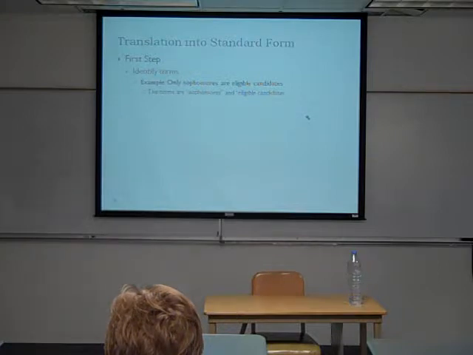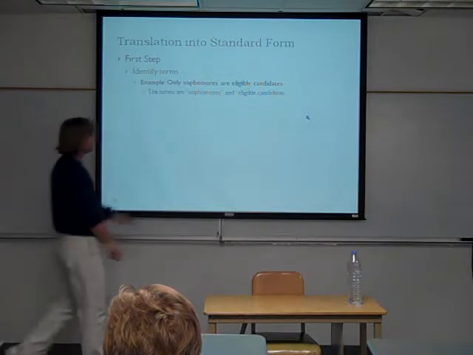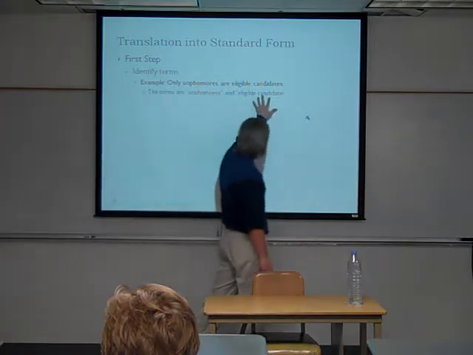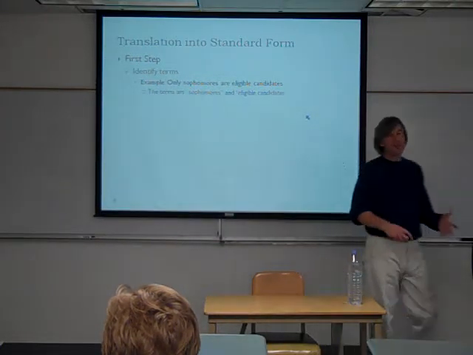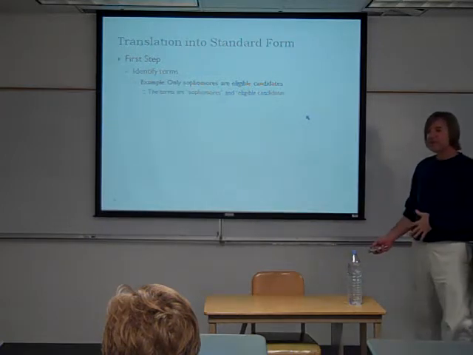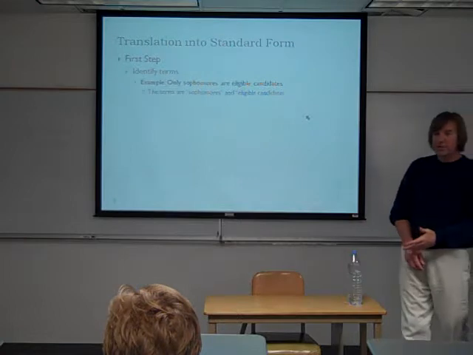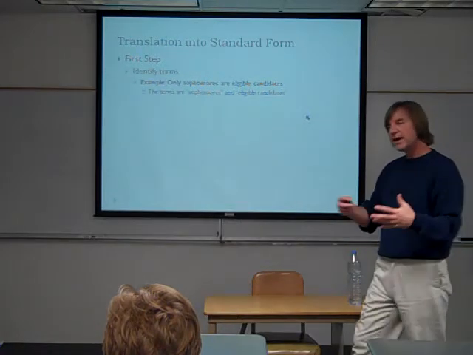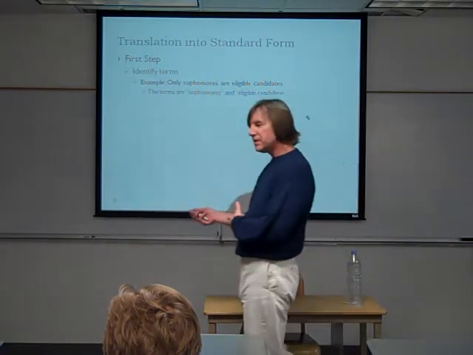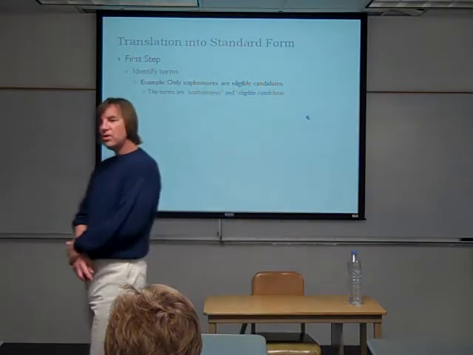Now the terms here are sophomores and eligible candidates. Now the question is, which one is the subject and which one is the predicate? Also, which form of categorical claim are they going to fit into? A, E, I, or O?